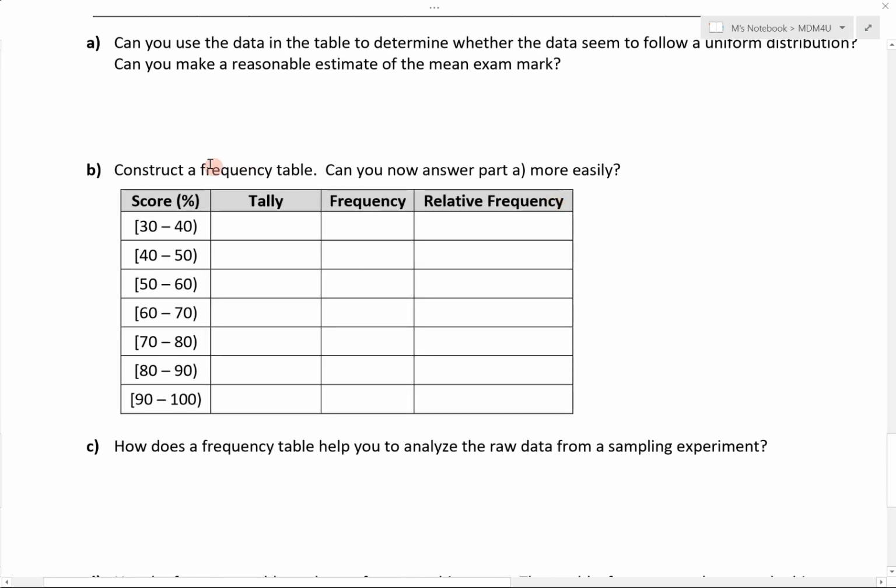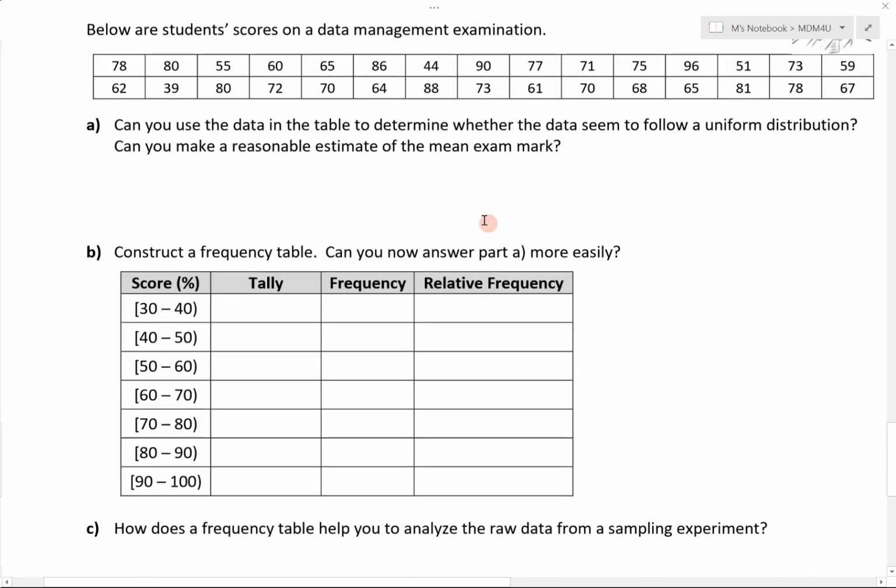So we're going to construct a frequency table here to help us find this distribution and the mean value. If you tallied up all of these numbers, you'd have 1 for the interval between 30 and 40, 1 for 40 to 50, and 3 tick marks for 50 to 60.